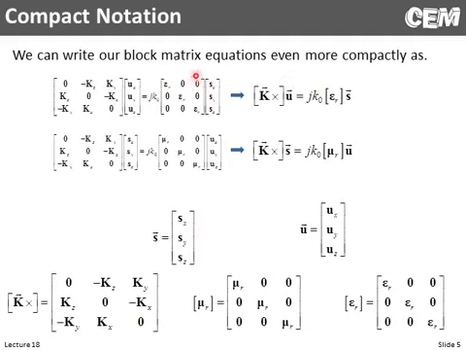This block matrix of convolution matrices we'll write as a bold epsilon with square brackets around it. And then this final column vector of column vectors we'll write as a bold s with an arrow over top of it. So we can take both of these block matrix equations and write them a little bit more compactly. And here's the substitutions that we made.